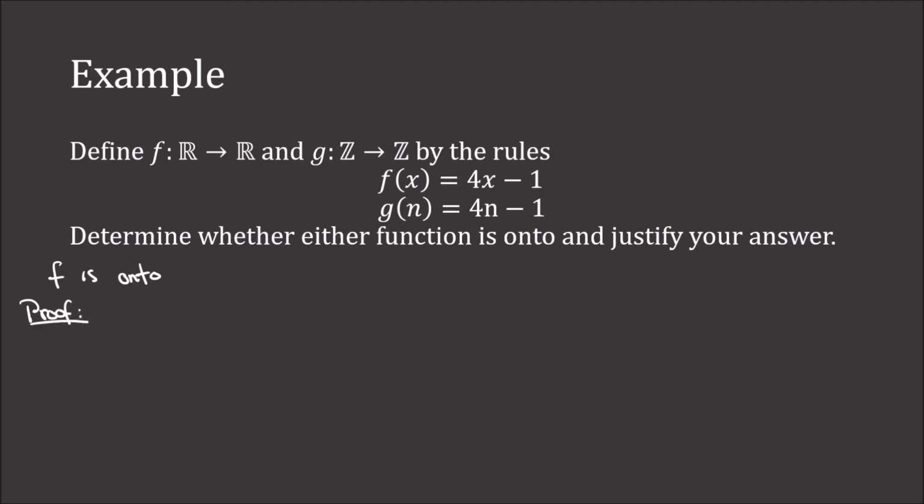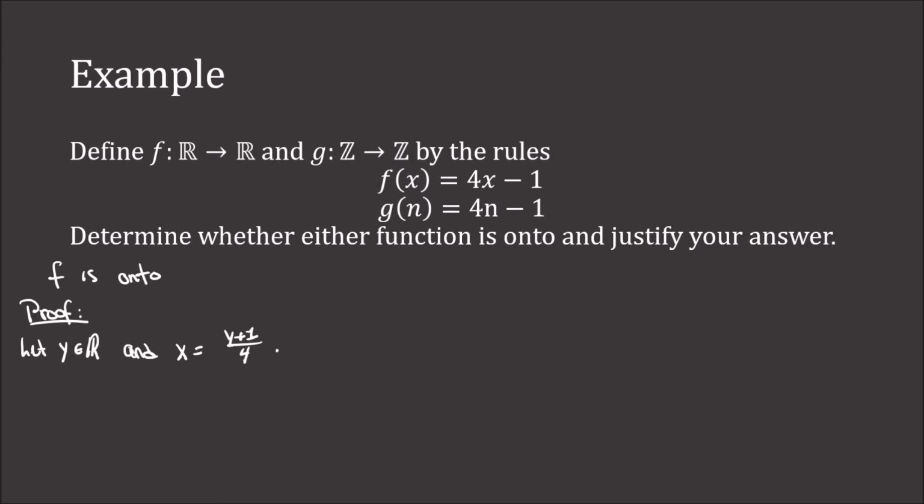All right, so the proof. Let y be a real number, and we're going to define x to be (y plus 1) over 4. Now maybe you're saying, hold up, how did you get x is (y plus 1) over 4? Well, the answer is fairly simple.